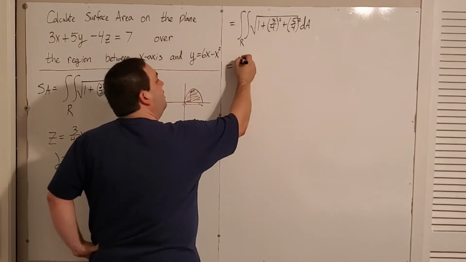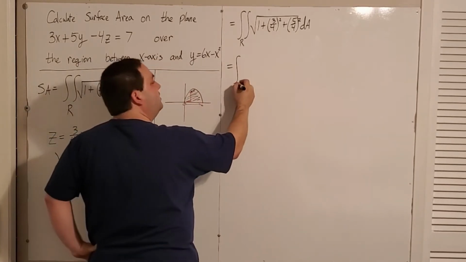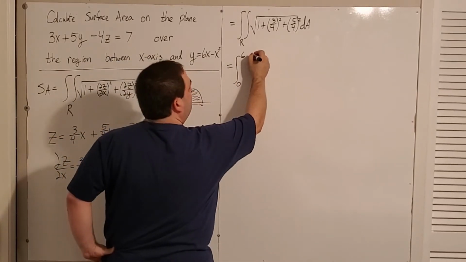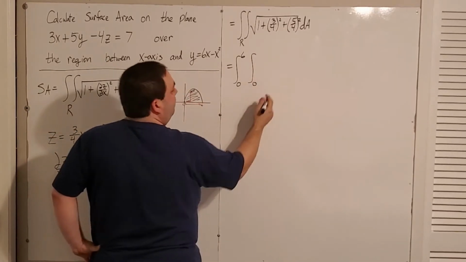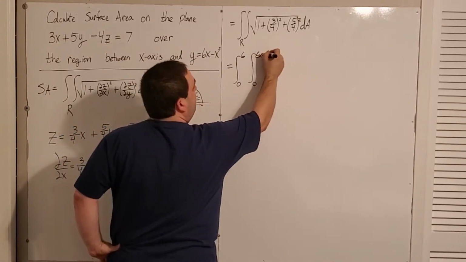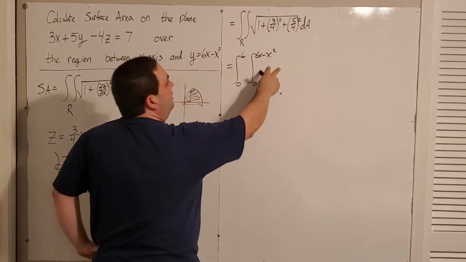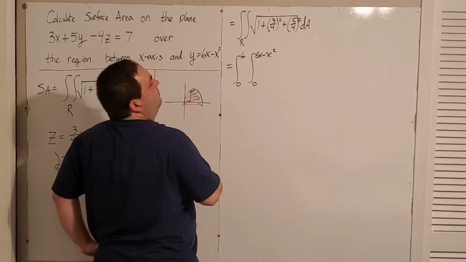So then, my outer integral is going to be the x integral from 0 to 6. My next integral is going to be my y integral, which is going to go from 0 up to the curve, which is 6x minus x squared. And then I'm integrating this bad boy right here. Well, we can simplify that a little bit, can't we?